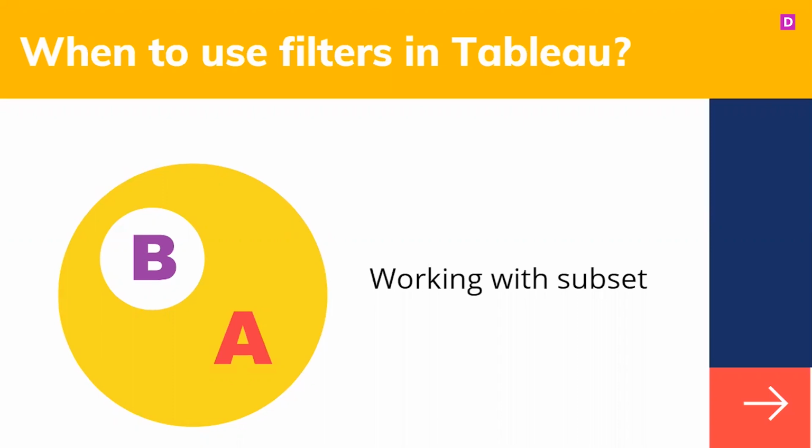So the overall objective of why we are going for a concept like filter is this. You want to work with a subset of your data. To achieve this process, Tableau helps us by making use of a concept called filters.